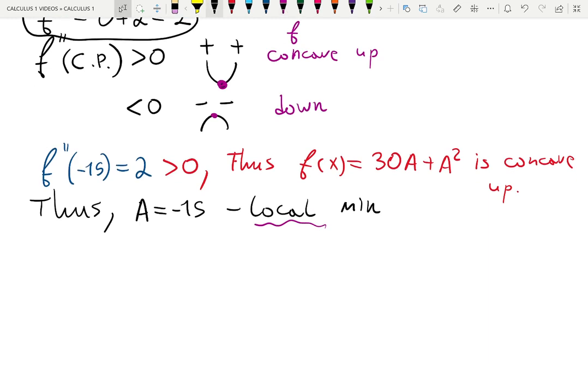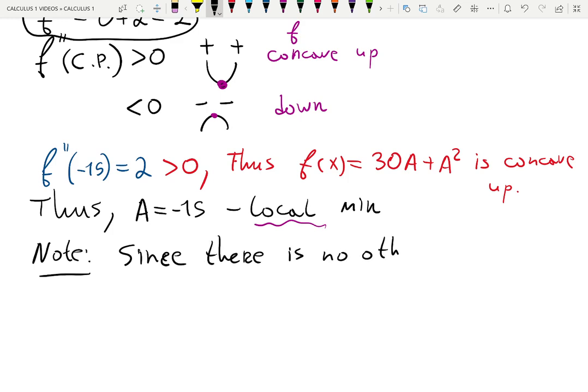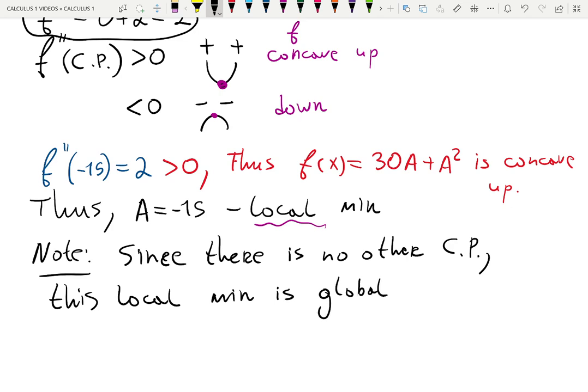Well, there are no other critical points. Note, since there are no other critical points, this local minimum is the global minimum.